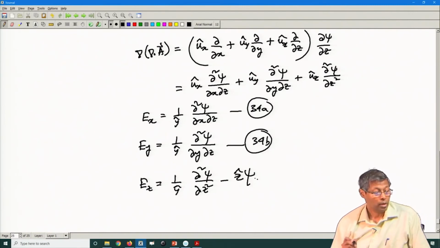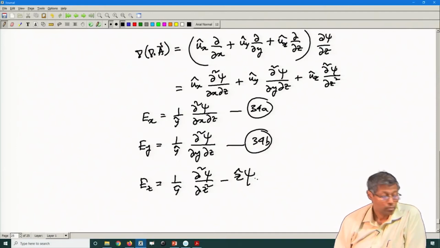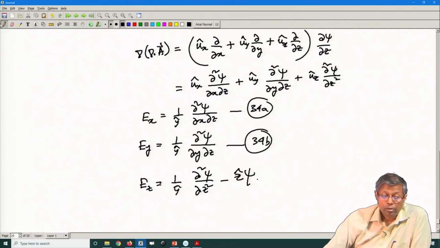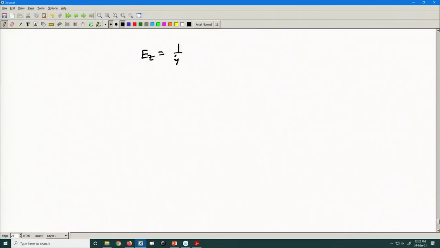Because it is z cap a and a has only a z component, E z can be further simplified as 1 by y cap (del square psi by del z square plus k square psi).